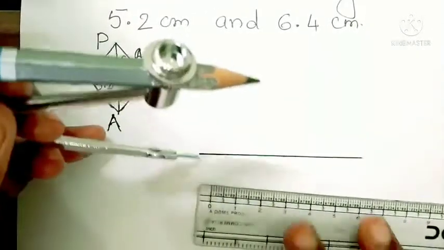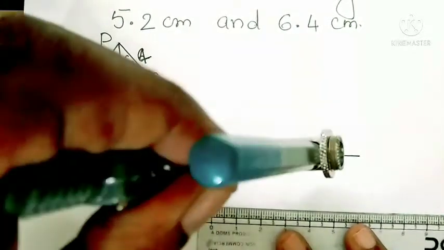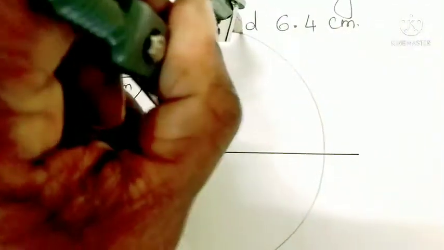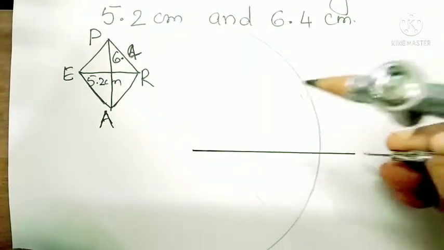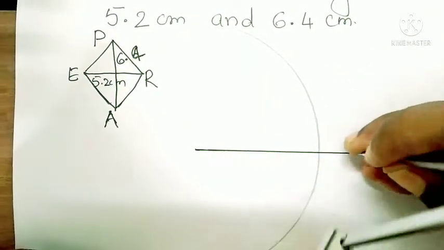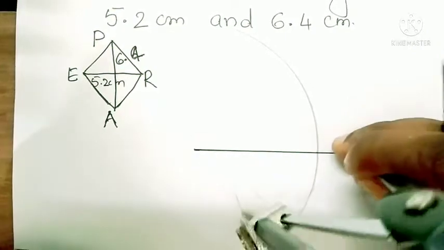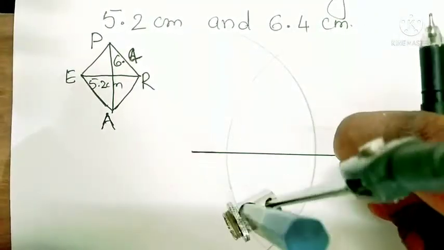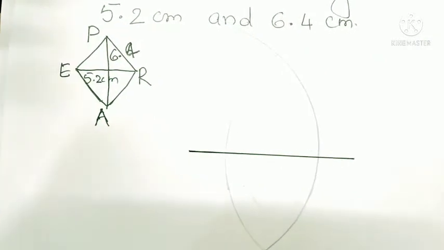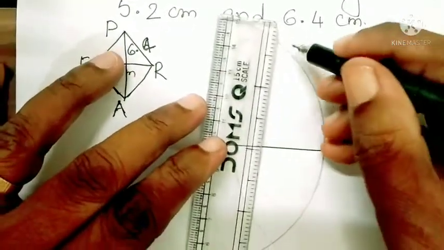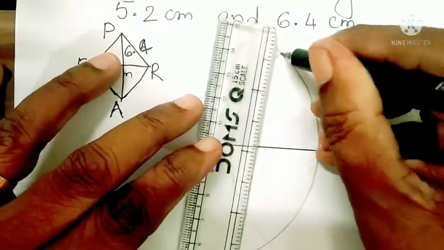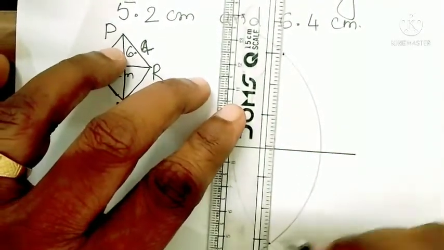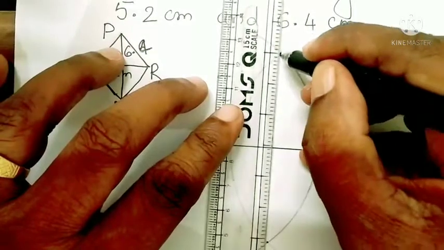How to make it? Take any distance as you wish, but it should be more than half. Draw one arc here and with the same length draw another arc to cut the first arc at two different points. And when you get the two different points, here is one and here is the other. Join them.